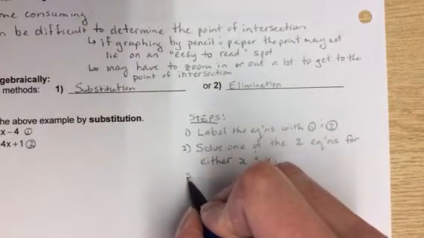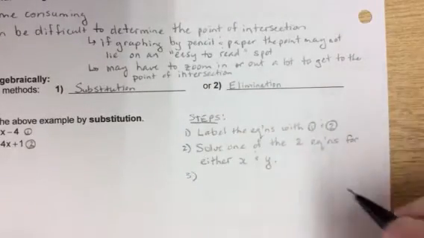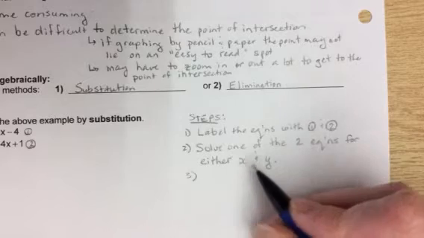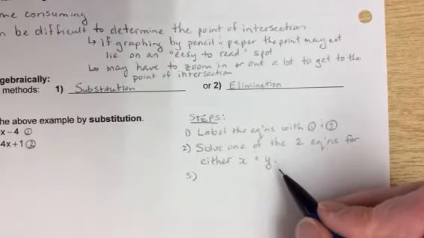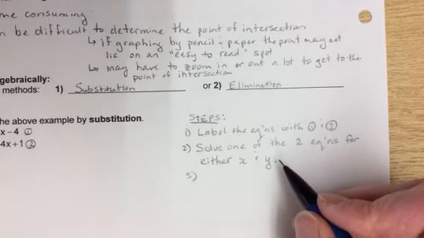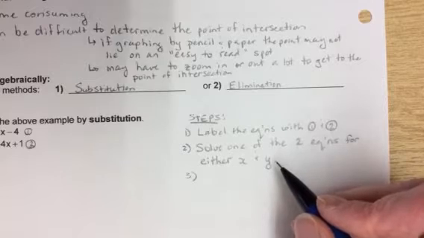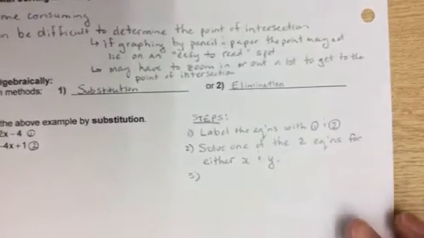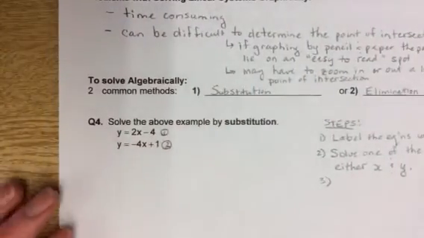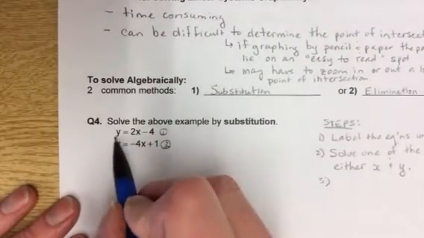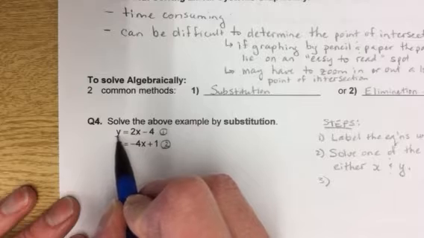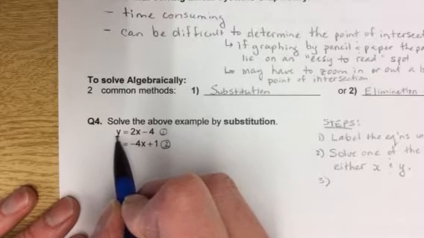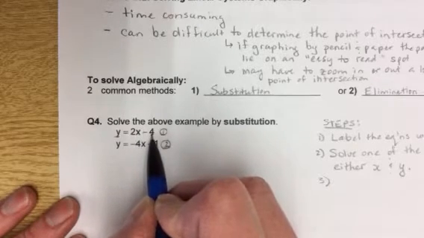The third step would be to take the equation that is solved for either the x or the y, and we're going to do a substitution. We're going to replace the variable in the other equation with what we found it equal to be. So let me explain with this example. I'll take the first equation. I have it solved for y. I know that y is equal to 2x take away 4.